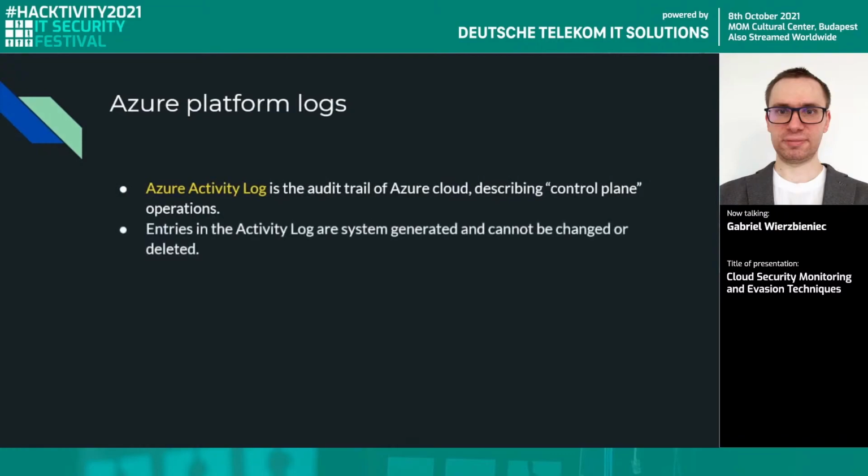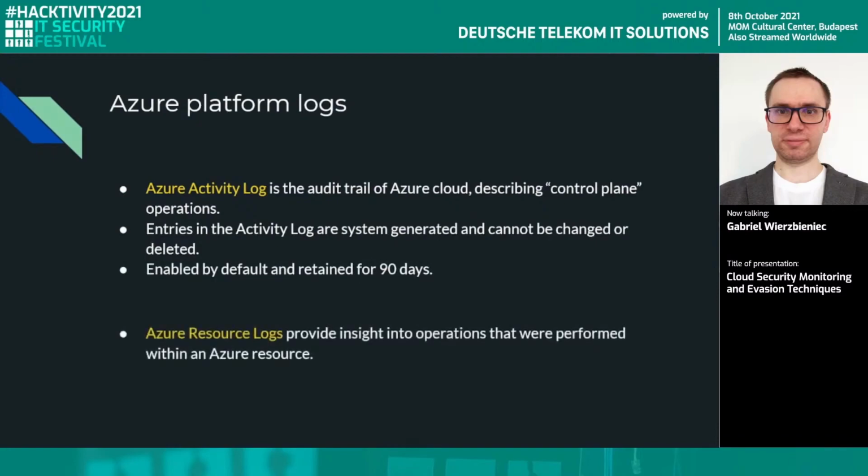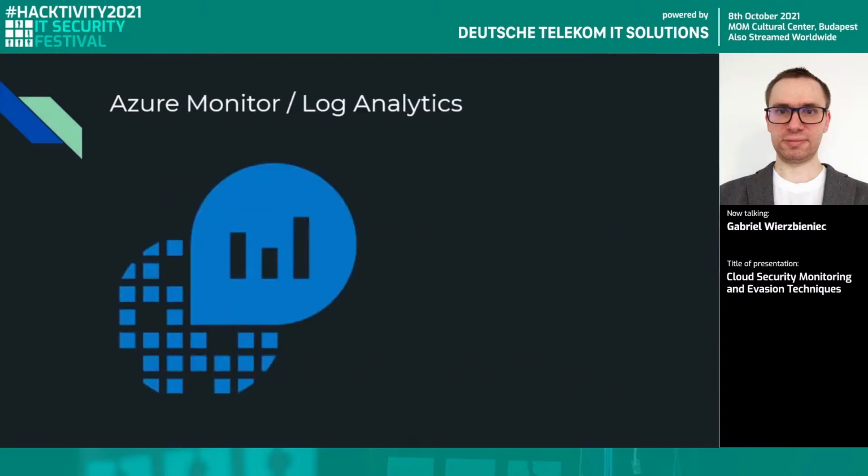Activity logs are system generated and cannot be changed or deleted, so that's good. By default, this log is retained for 90 days. And we also have resource logs, which are not enabled by default, so they have to be turned on manually.